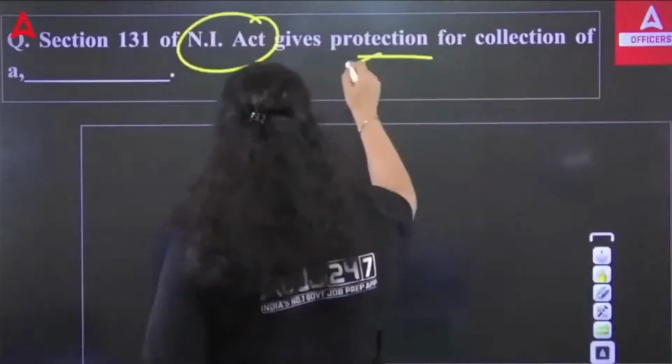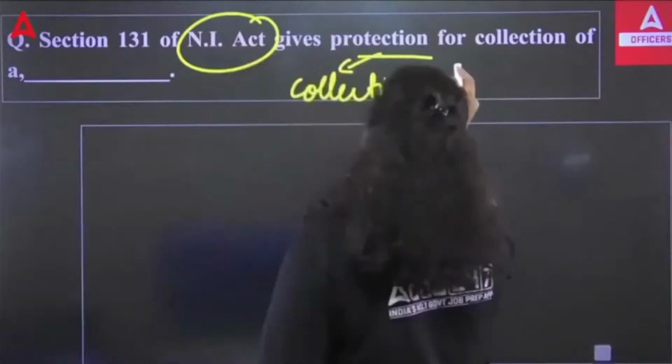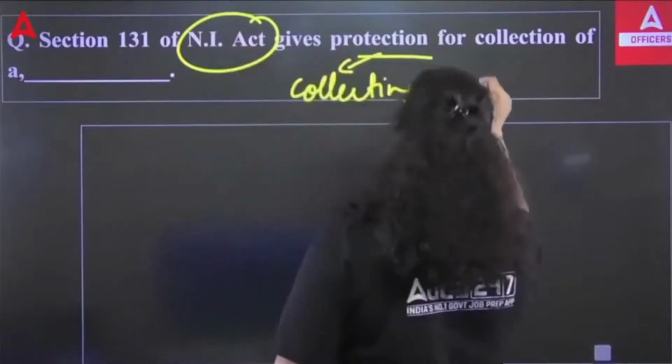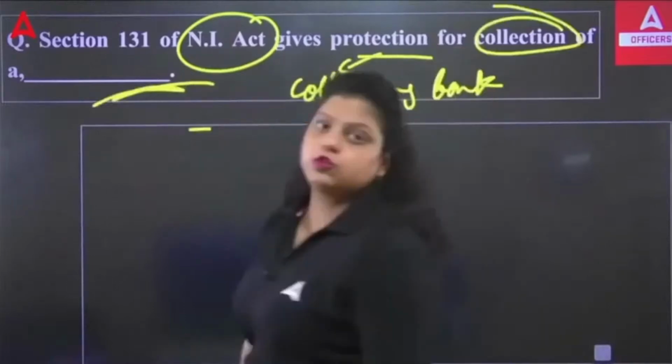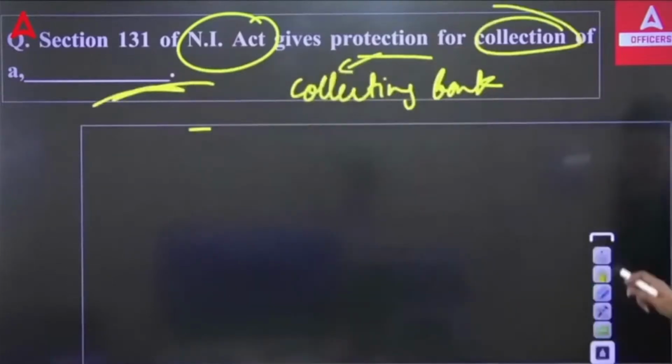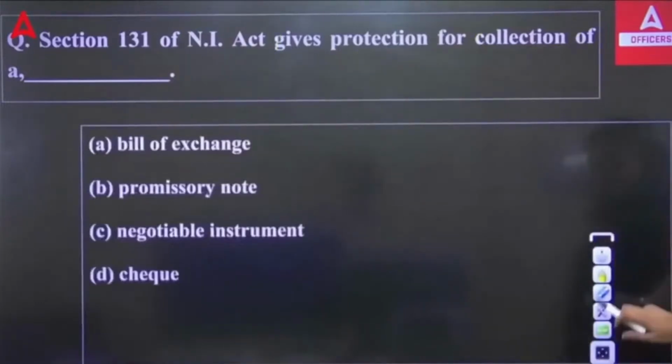It gives protection to the collecting bank, but for collection of which instrument? The options are bill of exchange, promissory note, negotiable instrument, and check.